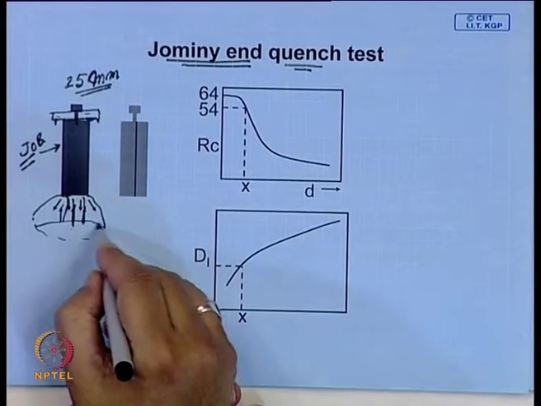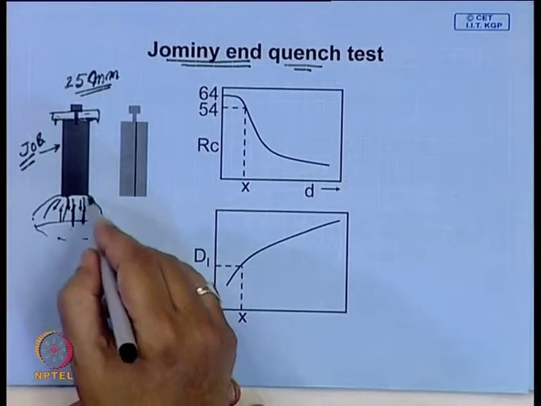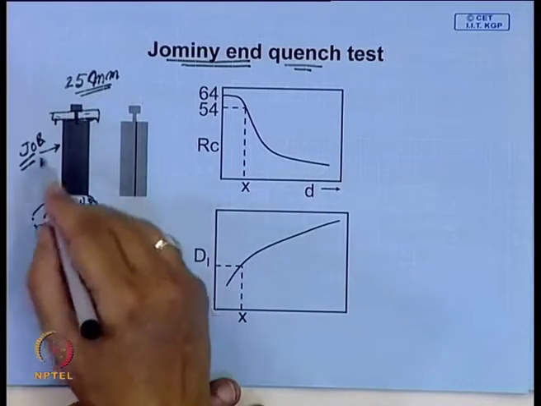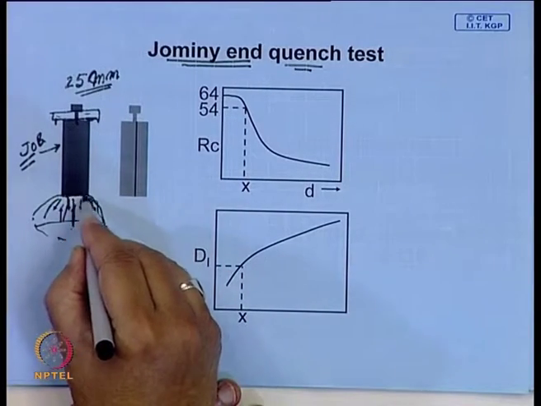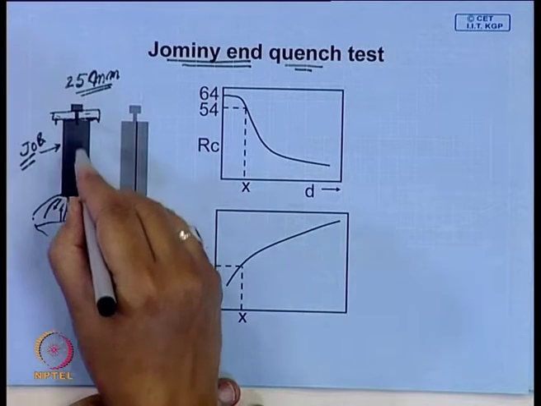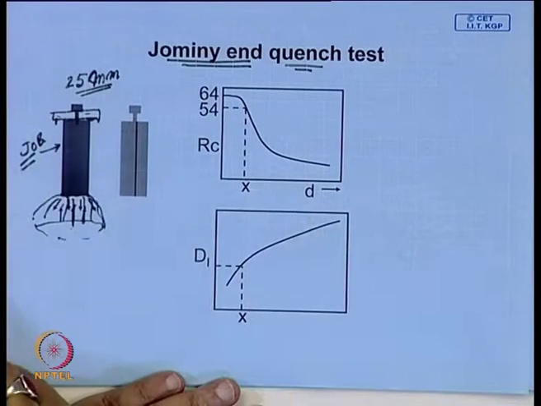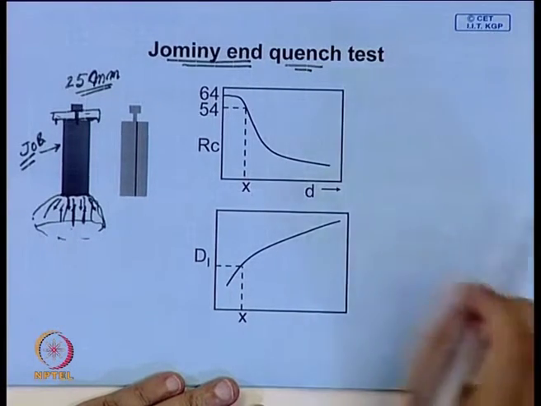By this, you are having the highest cooling rate here and the lowest cooling rate at this end. So, what you have is a gradient cooling.